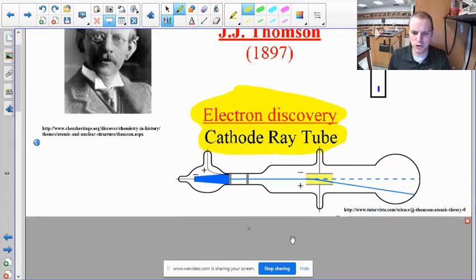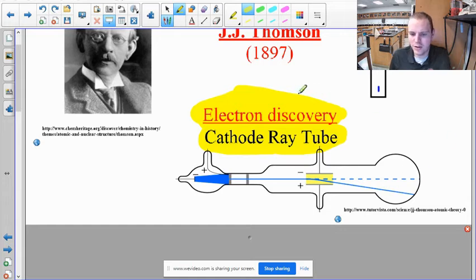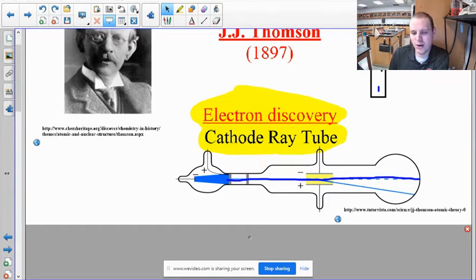Now, I'm going to sort of show you visually here, and I'm also going to give you a video in a second of the cathode ray tube. So basically, he was firing this beam of particles through this tube. And at first, they would just go straight on through just like this. Now, he didn't know what this beam was, but he started to mess around and test it a little bit.